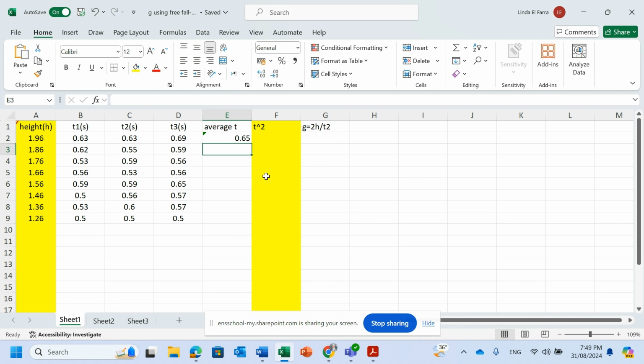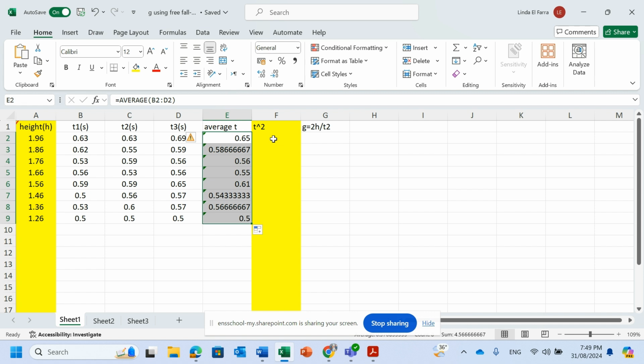Now I need Excel to calculate the rest of my calculation for me. If you hover your mouse over this cell, you will notice a small square at the bottom right corner. When the mouse pointer changes to a plus sign, click and drag it downwards. Excel will then automatically complete the rest of the calculation for you.